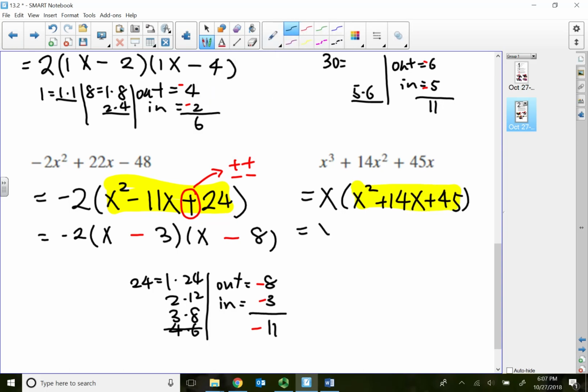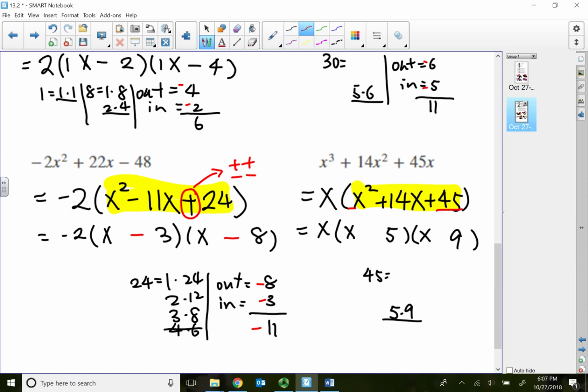With the x still up front, two parentheses. Step number 2, find all the factors of the first term and the last term. So that's 1x squared, so that gives me 1x and 1x. 45: what times what is 45? The two numbers closest together that multiply to 45 have to be 5 times 9. So that's 5 and 9.